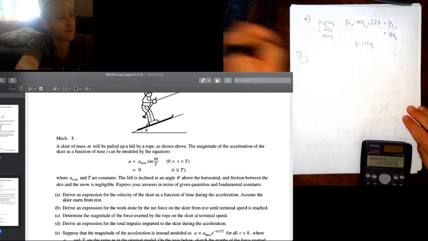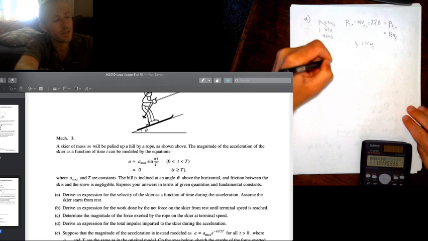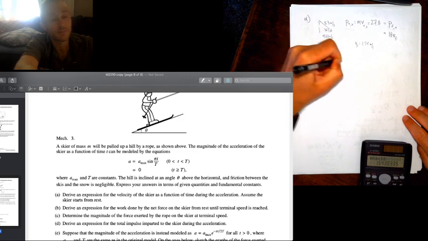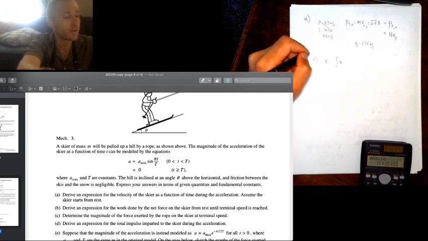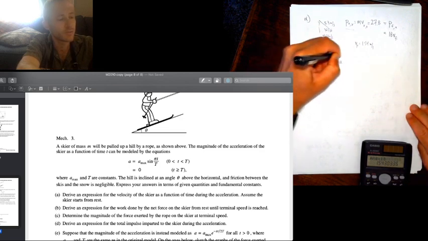So the velocity is the integral of the acceleration. Okay, so the velocity as a function of time is the integral of the acceleration from 0 to time t.